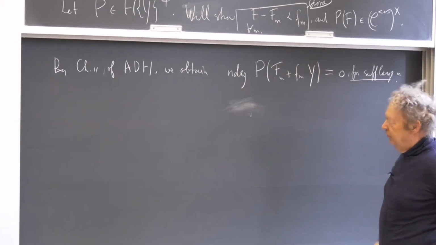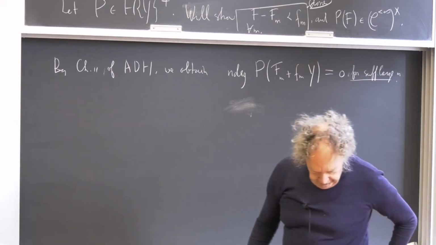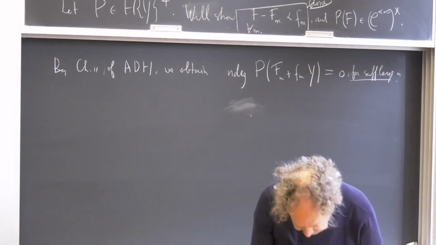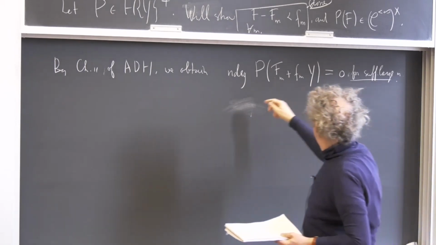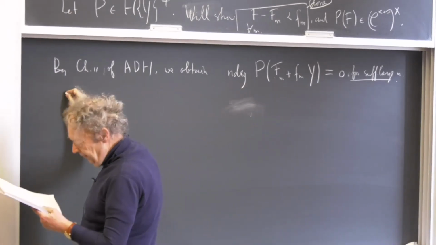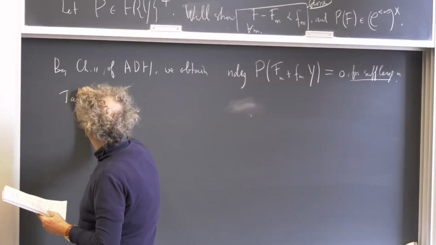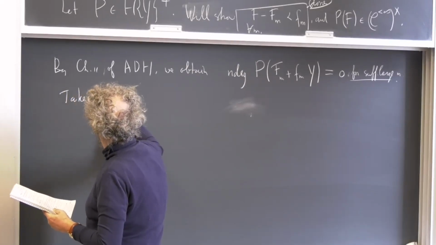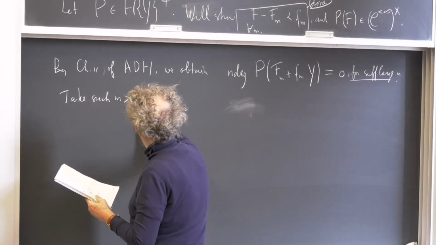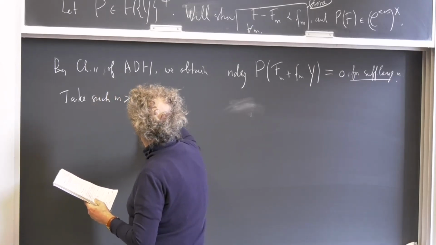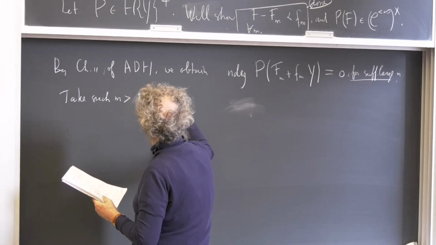So I'm just going to assume this. So take such an m which is bigger than the order, which is greater than the order of P. Let's call it r.